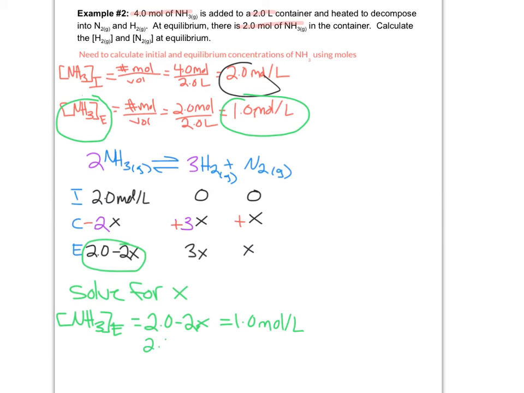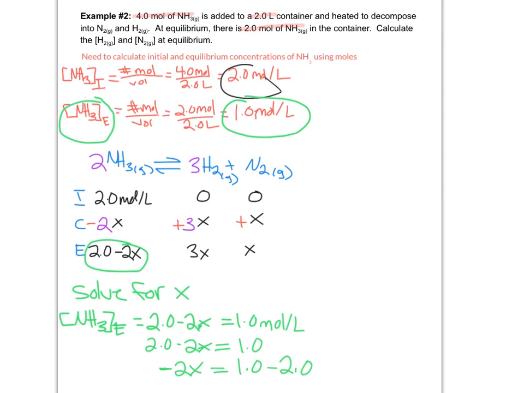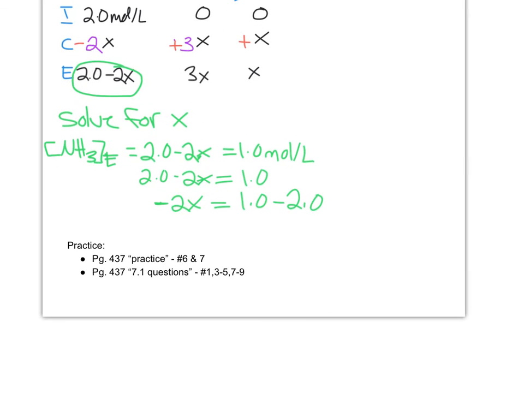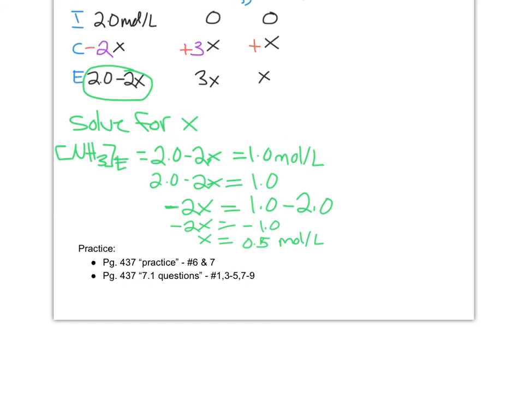So 2.0 subtract 2x is going to equal 1.0 mole per liter. And we just start rearranging 2x. Remember that negative in front of that x is going to be 1.0 subtract 2.0. Just going to move my paper up a little bit. And so on and so on. So we do all the math and we get x is going to equal 0.5 mole per liter.